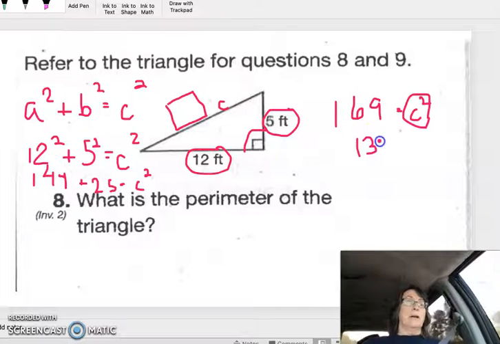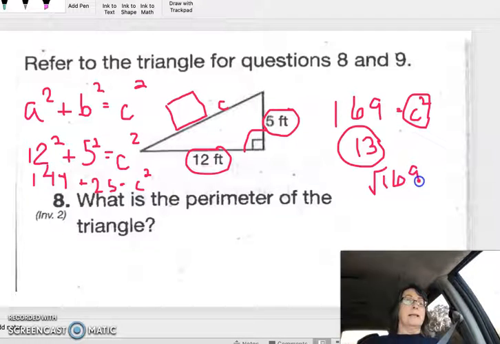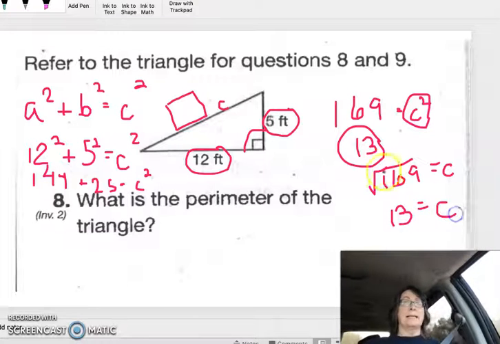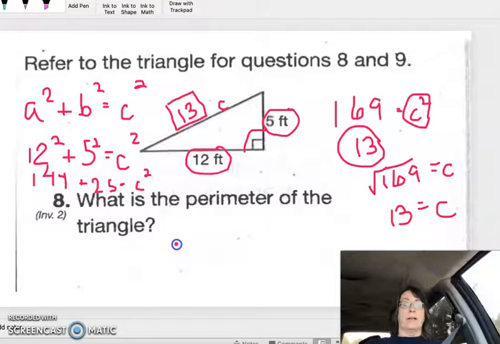The number that is the square root of 169 is c, and the square root of 169 is 13. Okay, so now we have that missing side. The missing side here is 13. And we've got 25 plus 5 is 30. So the perimeter of the triangle is 30 feet.